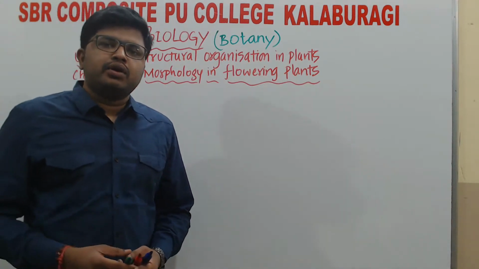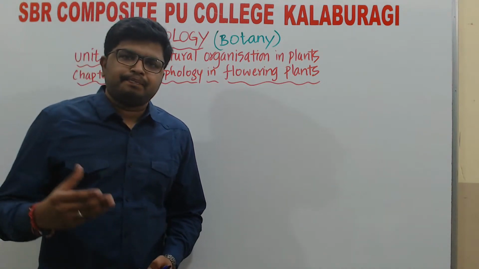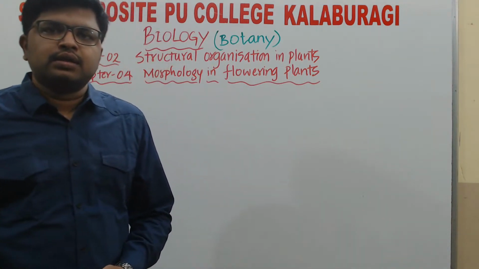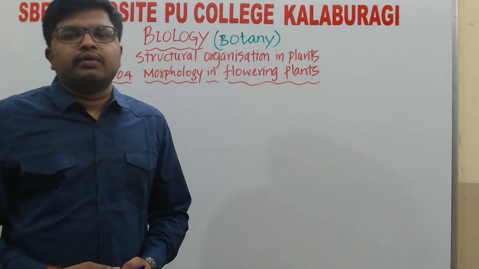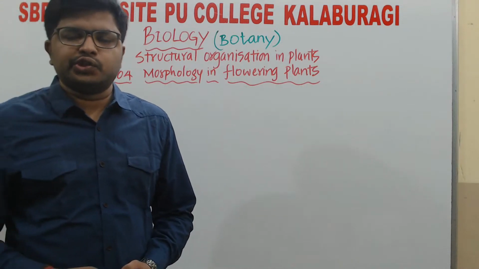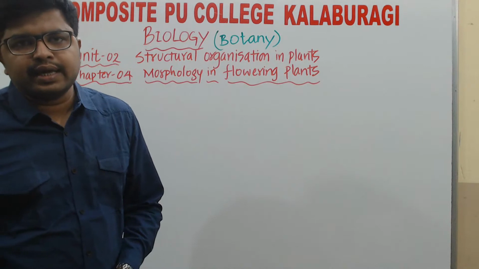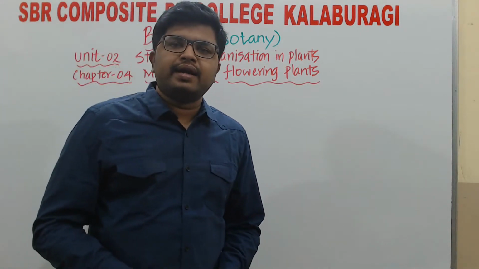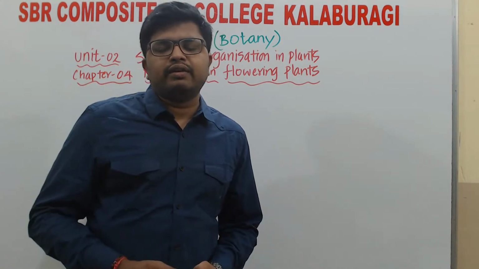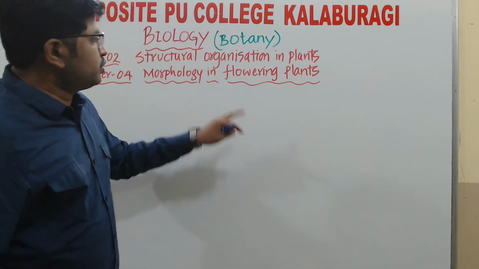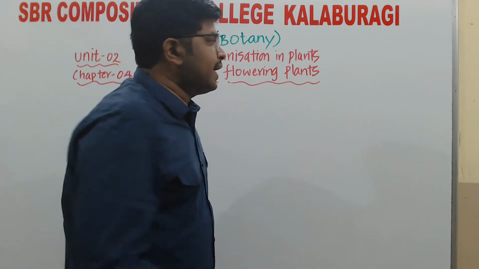In the plant kingdom, you have already studied the algae, the bryophytes, the pteridophytes, the gymnosperms, right? Well, the fifth class, which is a very important class, the largest group, found in wild habitats, is the angiosperms. Angiosperms are the flowering plants, remember this. So when we say flowering plants, we are referring to the angiosperms.